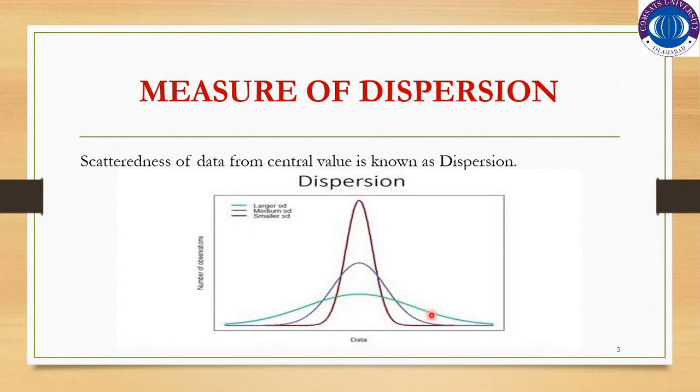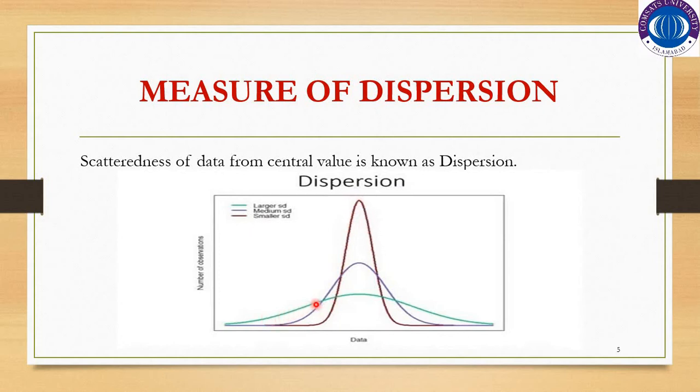It means that the values, meaning the observations of the data set, are far away from the central value of the data. In this one they are moderately distanced, and in this one they are very close to the central value of the data.